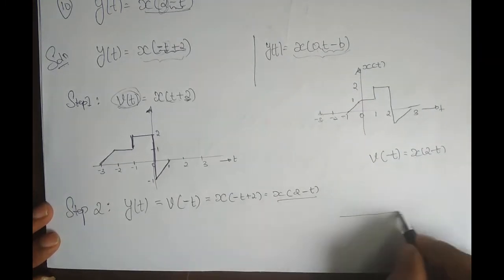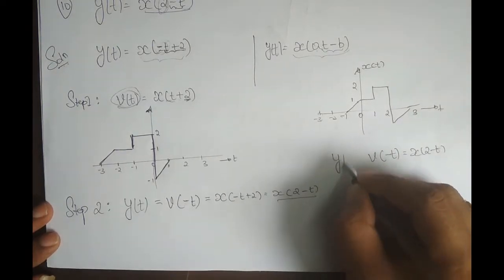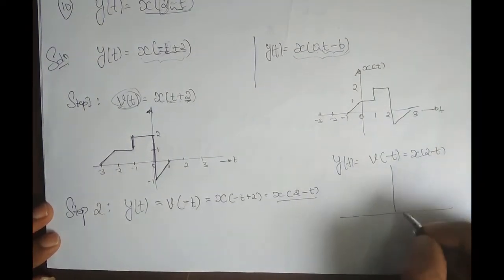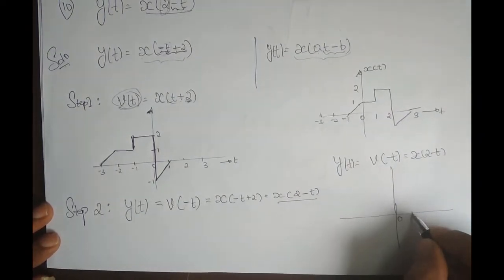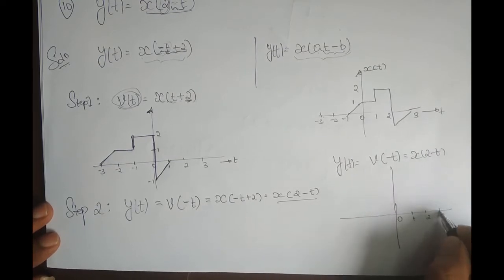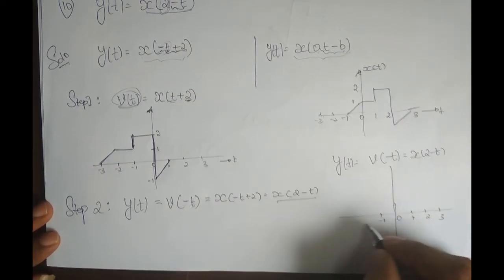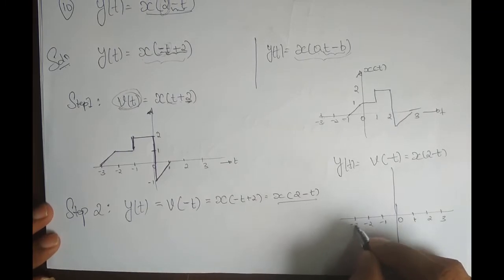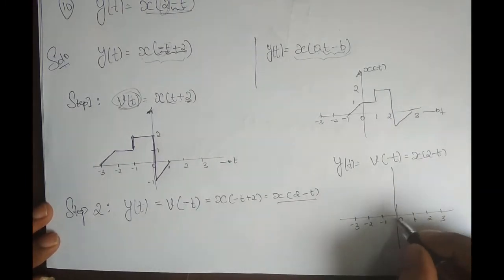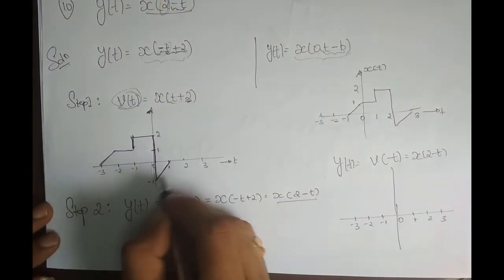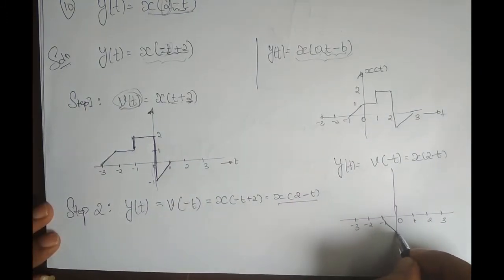This is our final y of t. 0, 1, 2, 3, minus 1, minus 2, minus 3. So the amplitude in the positive side goes to negative. It looks something like this.